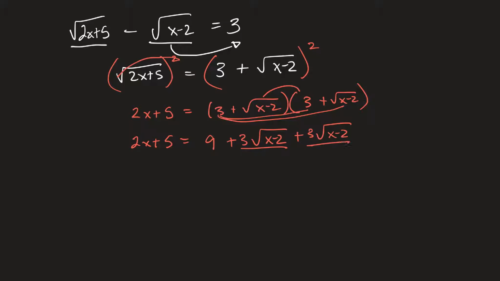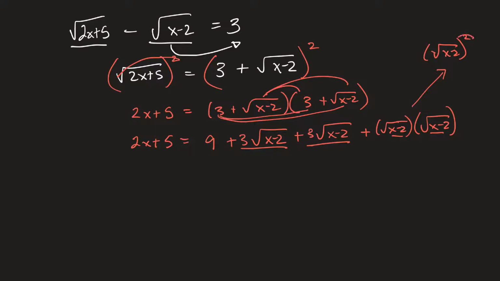Notice they're like terms. And then last, this times this will be plus the square root of x minus 2 times the square root of x minus 2. Now, since these are both the same, that is really saying the same thing as the square root of x minus 2 all squared.